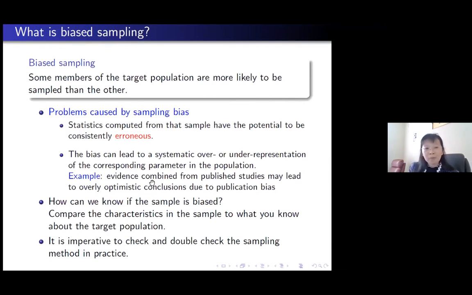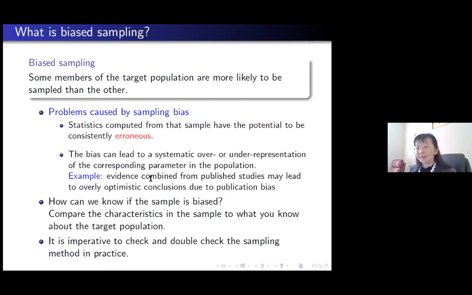Then you may ask, how can we know if the sample is biased? In applications, before analyzing the observed data, we need to think very carefully about the study designs and the sampling methods for data collection. For example, it is well known that survival data from prevalent cohorts are left truncated.